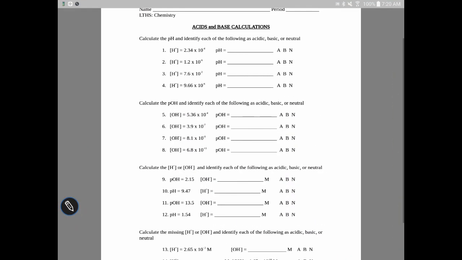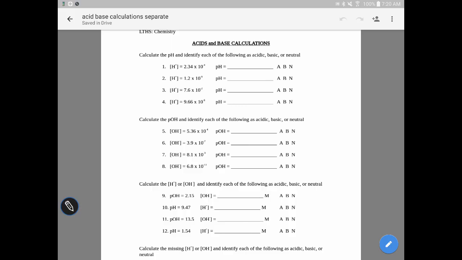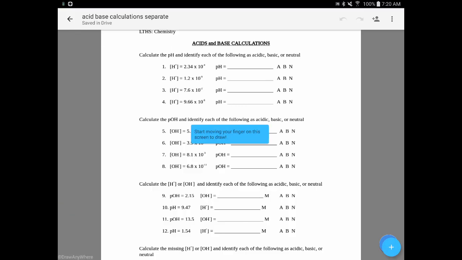All right, so we're going to do some acid-base calculations. First, we are given the concentration of H, also known as H3O+.